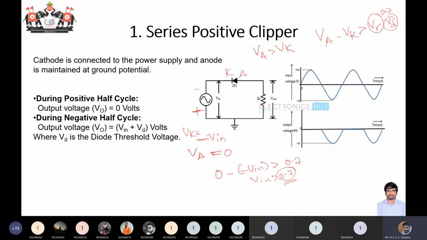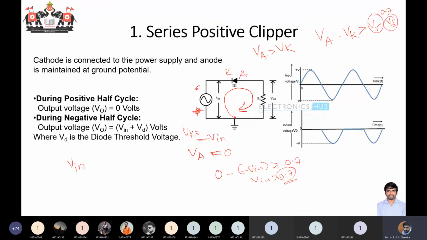V0 will be equal to, so you need to do the KVL equation. You know the KVL equation. I'll begin from here and go through the circuit in the clockwise manner. First I have Vin, so I'll write Vin, and then I'm crossing from cathode to anode.